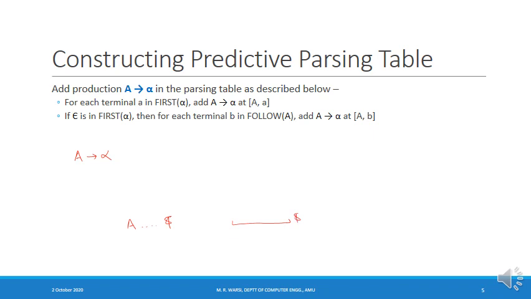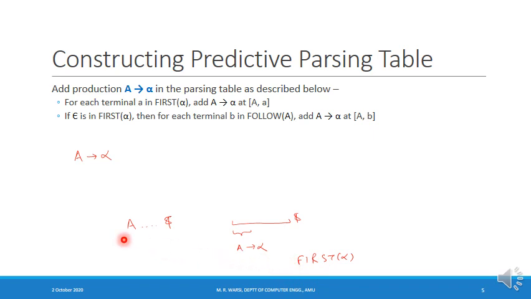If I want to expand this capital A using this production, that will mean that at the beginning of the input buffer I have the string which is derivable from this particular production, and this string will begin from the terminal symbol which is there in the first of alpha.